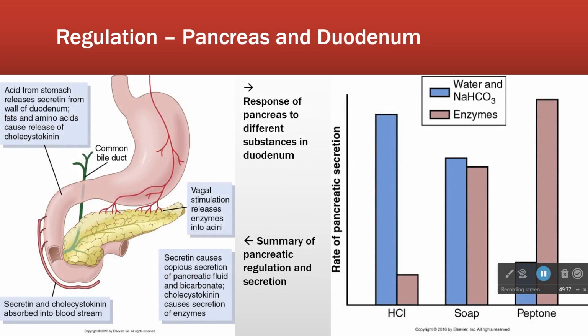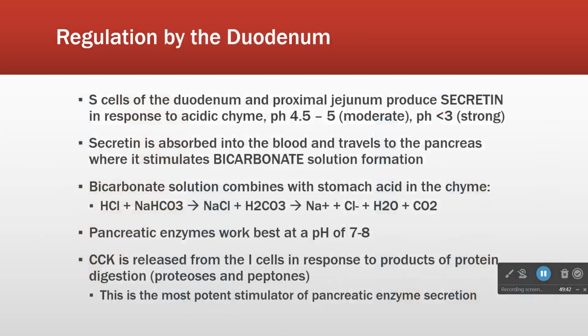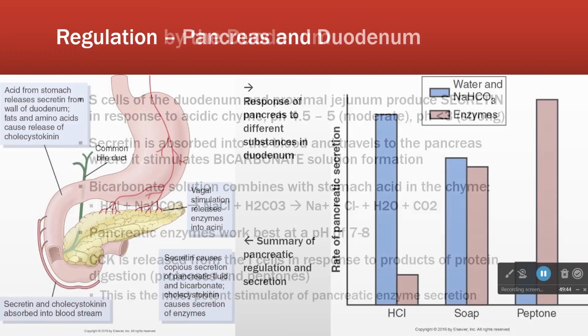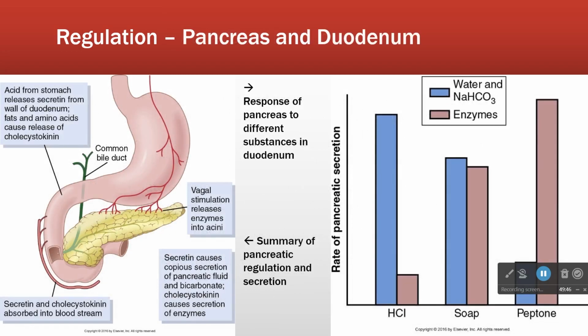Given that the duodenum is detecting these different changes and responding accordingly, we can see that in process. If we put hydrochloric acid in the duodenum, we get a big burst of water and bicarbonate production.